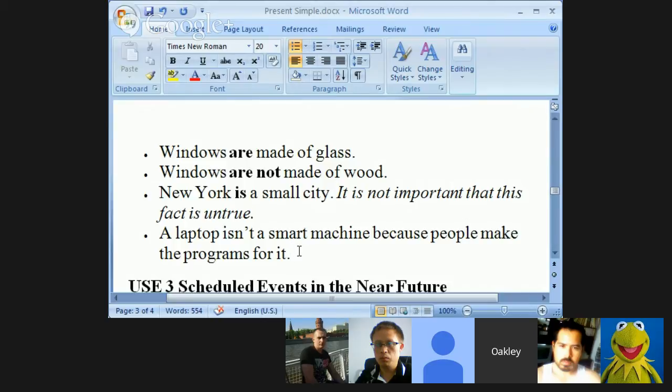Is it a plan? Is it a prediction? Maybe it's both, and it doesn't really matter. So when you have overlapping reasons for using a verb tense, don't sweat it. Don't panic. Don't worry about which one exactly, because that happens a lot, frankly. Okay, move on. Germain.